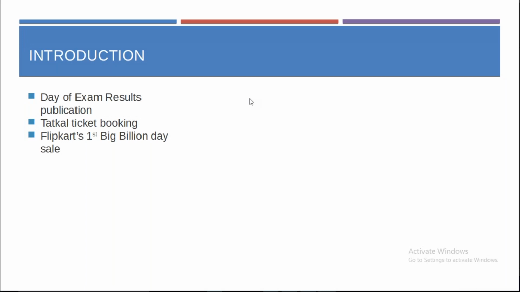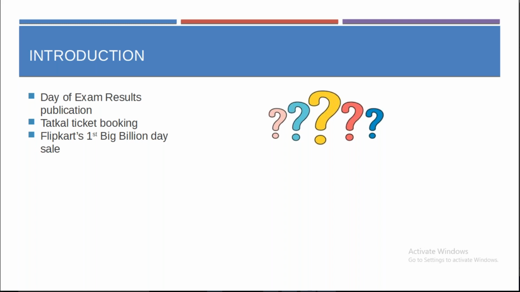As I discussed yesterday, the different hints which I gave, like the day of the exam results publication, the Tatkal ticket booking, the Flipkart first Big Billion Day sale, right? If we think of these points, what comes to our mind? It comes to the performance of the application, right? On the day of the exam results, the website to view the results becomes slow.